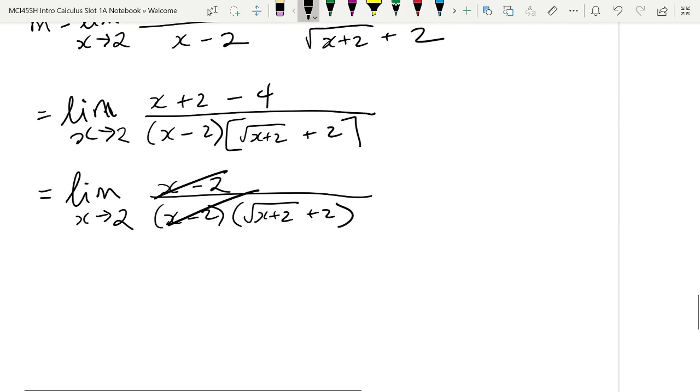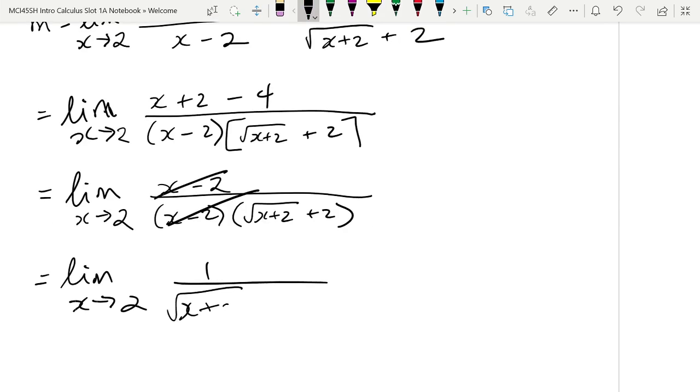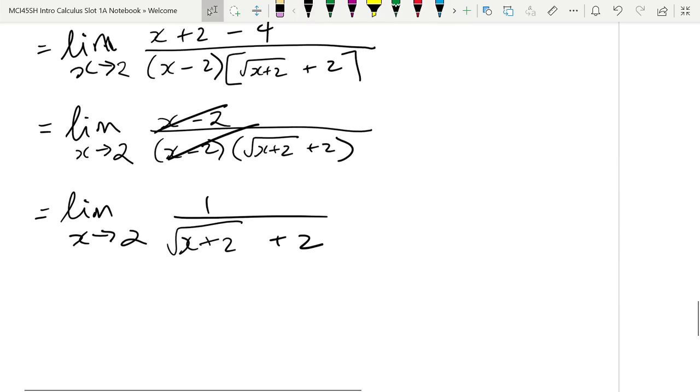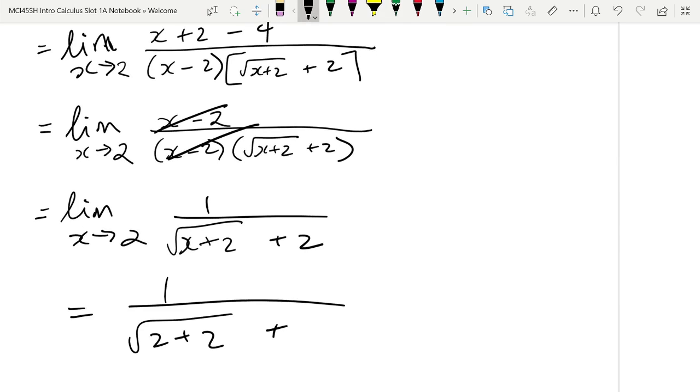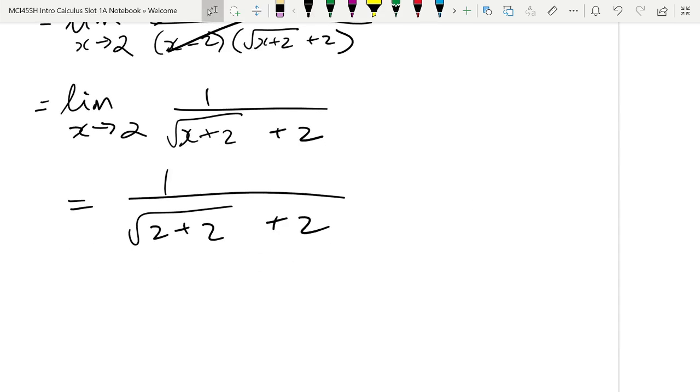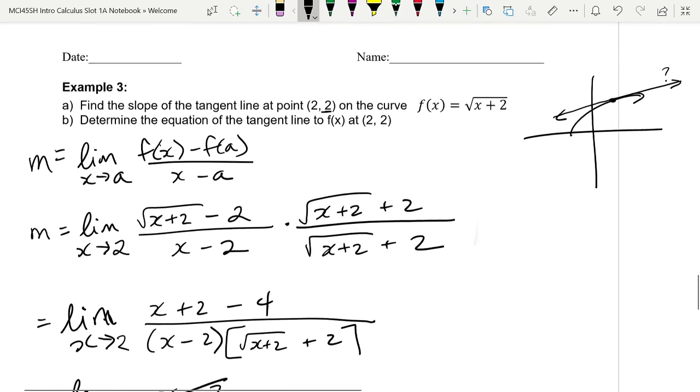So those cancel, and I now have the limit as x approaches 2 of 1 over the square root of x plus 2. No problem plugging the 2 in now. So that's 2 plus 2, which is 1 over the square root of 4, which is 2. So I get 1/4. So there's the a answer done.